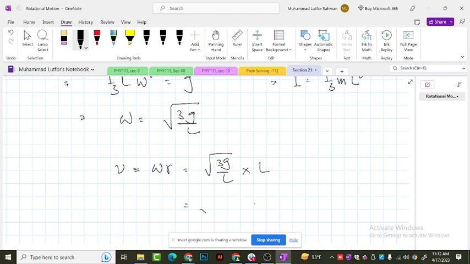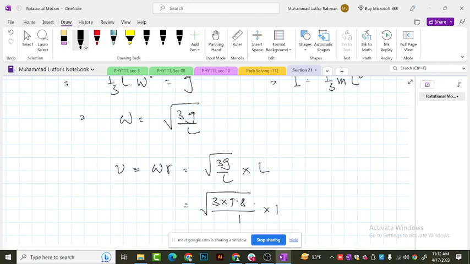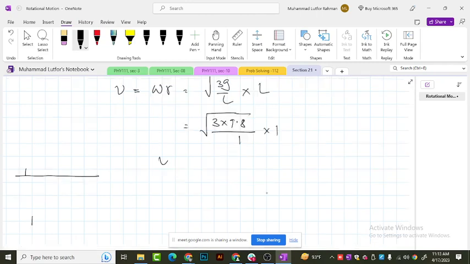G is actually 9.8, I'm sorry, so I have to plug in 9.8 over here. So 9.8 divided by 1 into 1. If you solve, you will find that this V is going to be 5.42 meters per second.